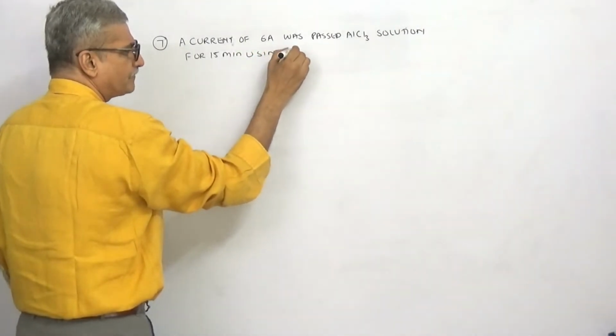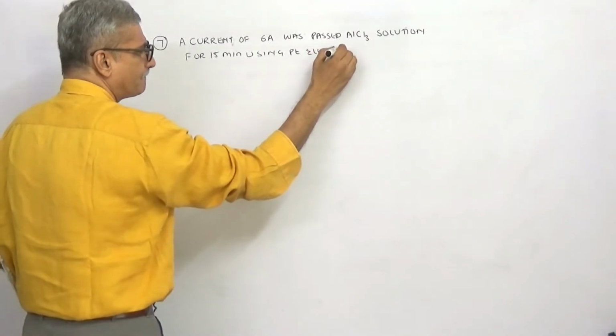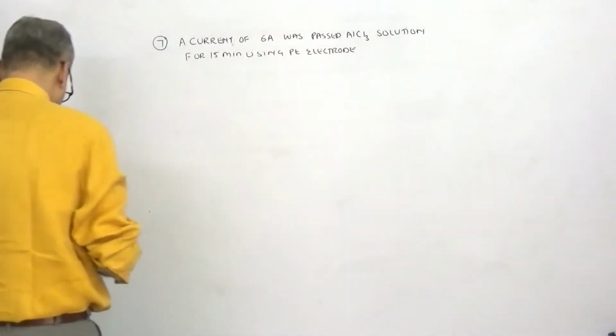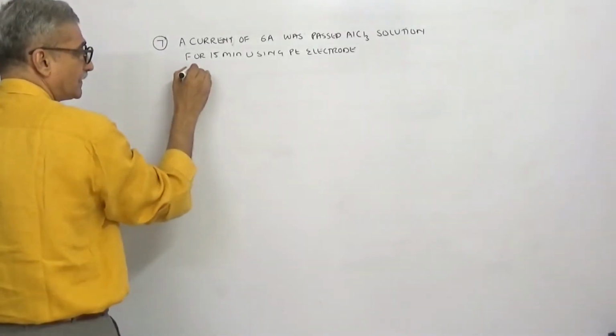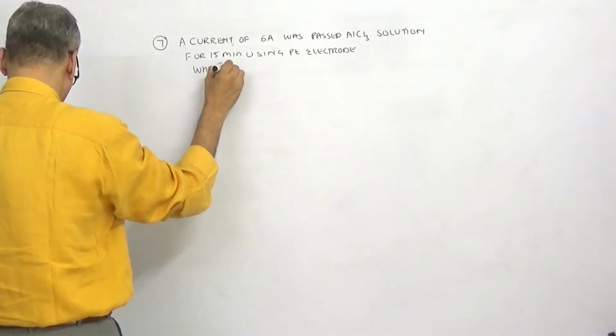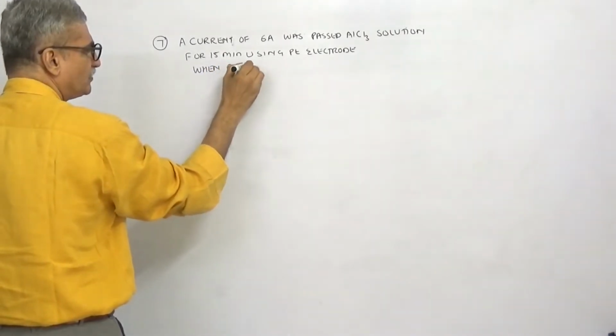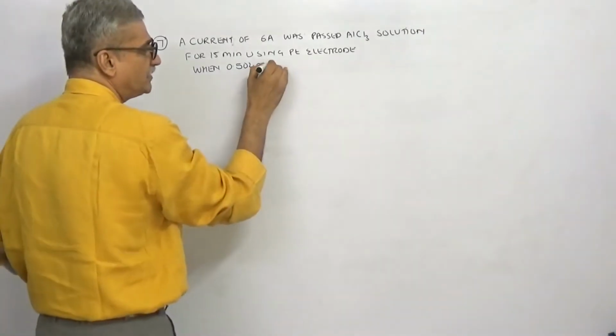When 0.504 gram of aluminium is produced.